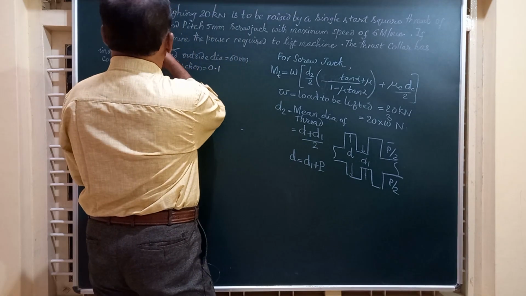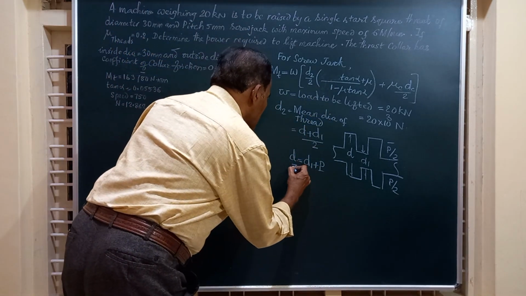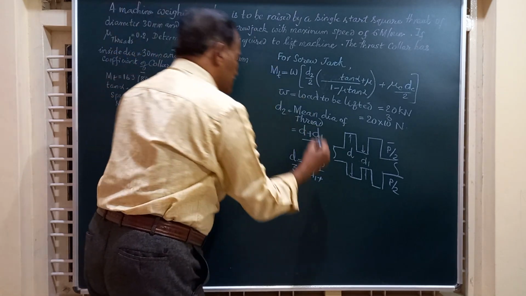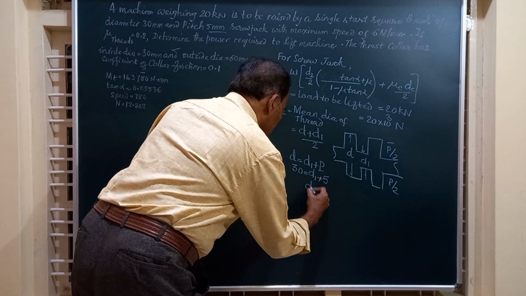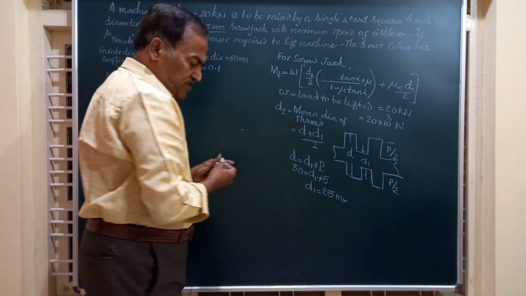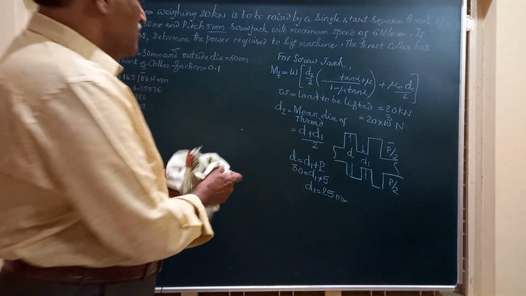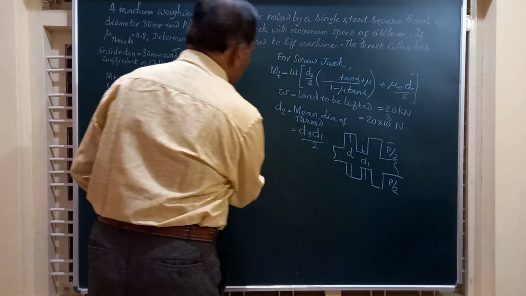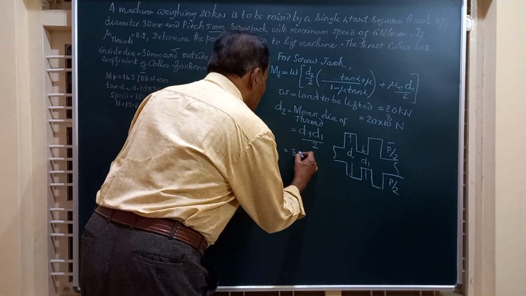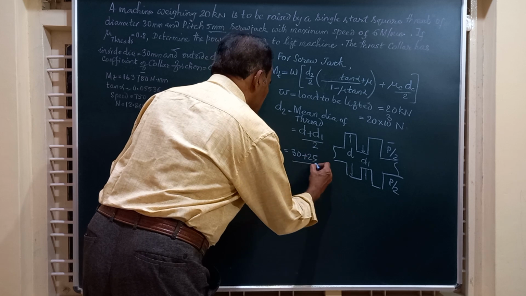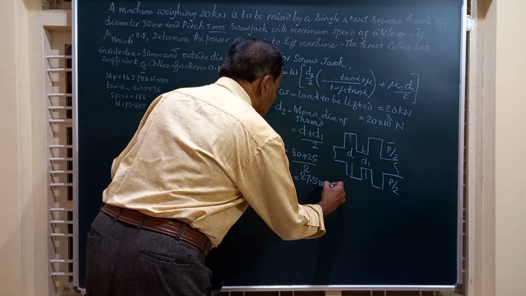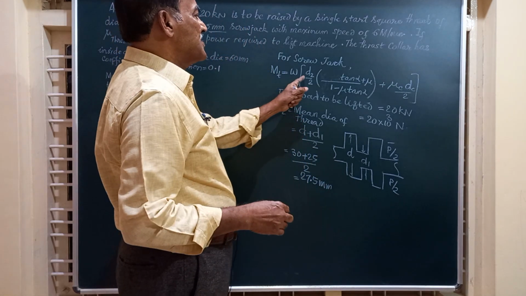In the question, we are given 30 mm diameter. So 30 is equal to D1 plus pitch, which is 5 mm. Hence friends, you get D1, the core diameter, as 25 mm. Once you substitute these values, you get the mean diameter. Hence D2 will be equal to (30 plus 25) by 2, that is 55 by 2, which is 27.5 mm. That is the mean diameter of this thread.